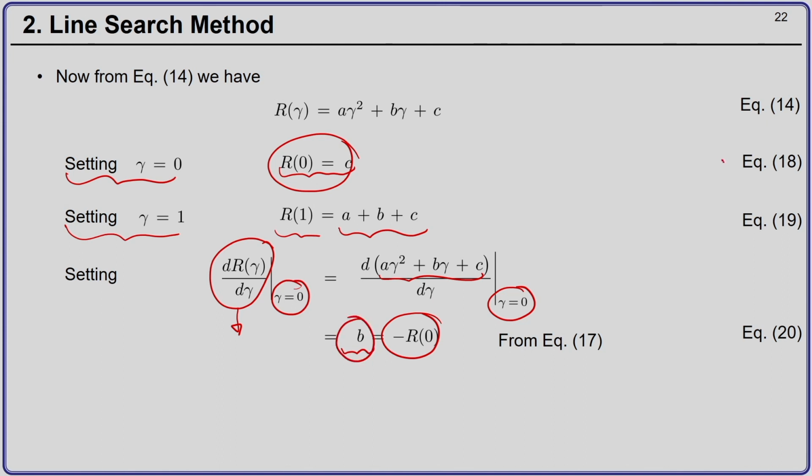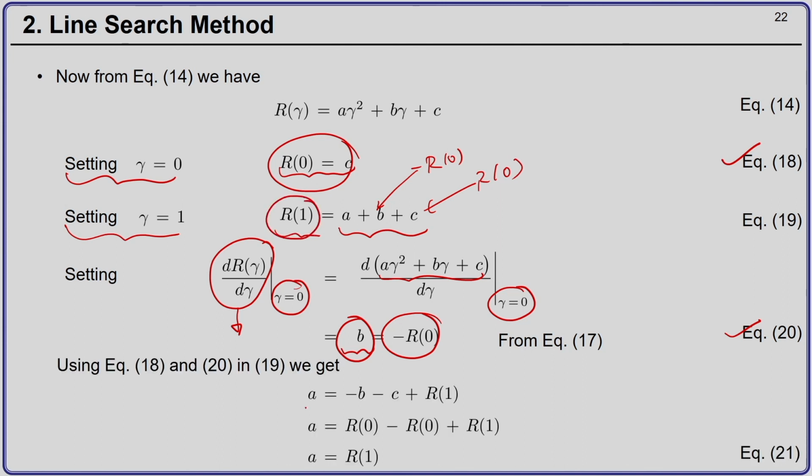Now, you see from equation 18 and equation 20, if I substitute B as minus R 0 and C as R 0, I will get A, which is nothing but equal to R 1. So, A will be equal to minus B minus C plus R 1 if I substitute 18 and 20 in equation number 19, and if I simplify, I will get A as R 1.